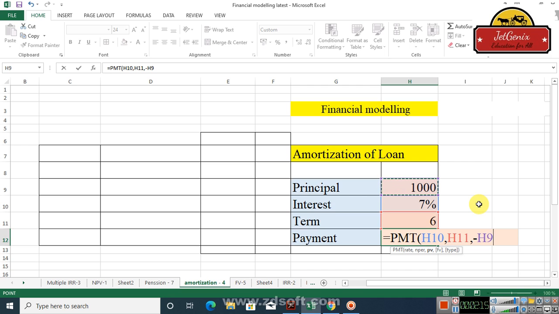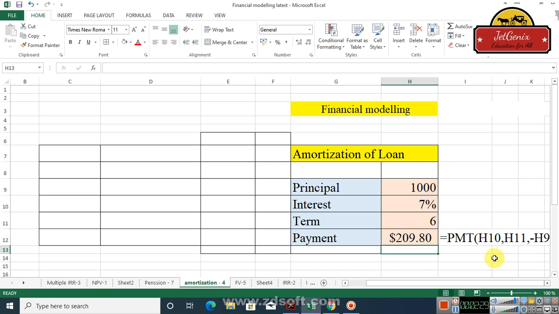So for the principal amount, for the debt amount, we have to type minus before this value. Now close the parenthesis and press enter. You see, if we pay $209.8 per year, we will pay this amount and the interest of 7% as well.